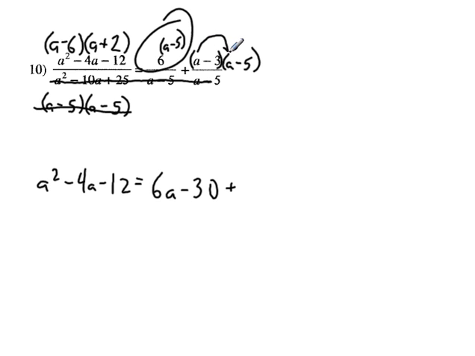I'm going to do a times a. I'm going to do a times negative 5. Then I'm going to do negative 3 times a. I'm going to do negative 3 times negative 5, which is positive 15.